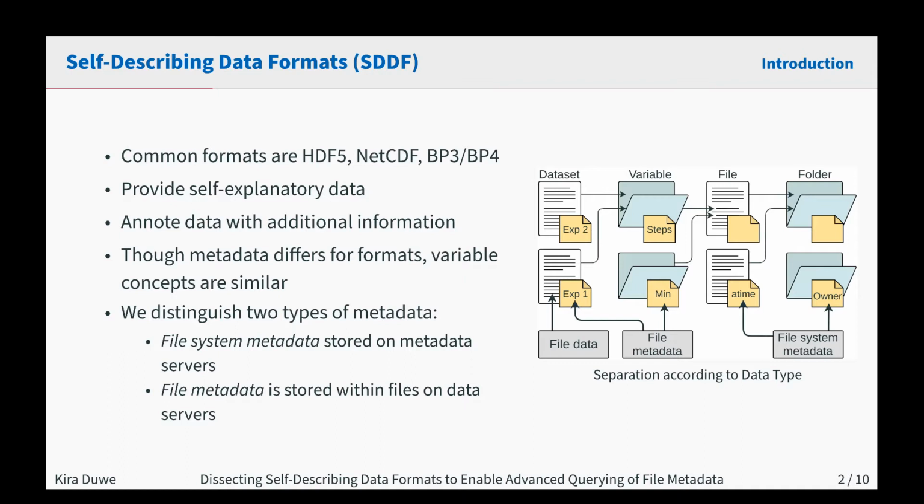Currently the file metadata is stored within the file on data servers, and there it is treated as data and can therefore only be accessed using optimizations for data retrieval, such as large continuous reads. However, metadata accesses are typically small and random.